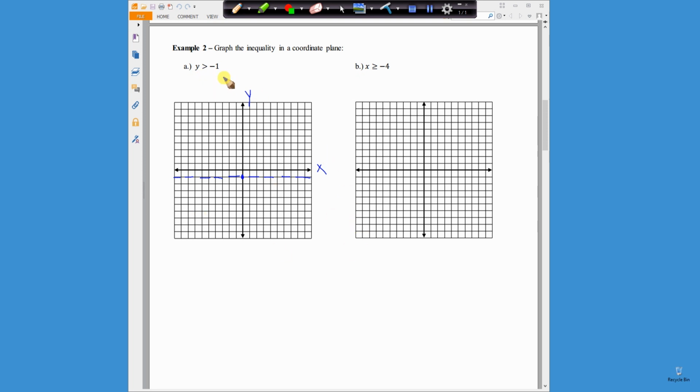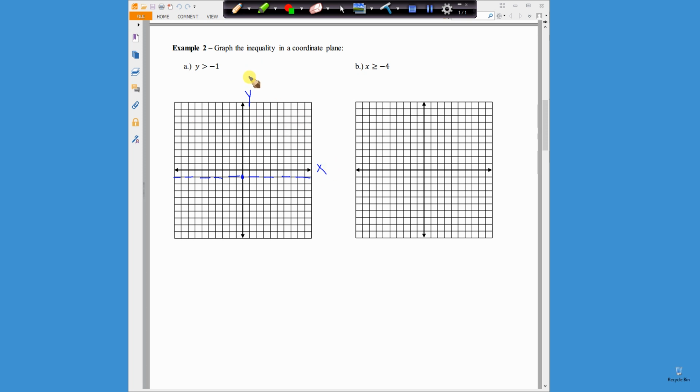If you're confused by that, that's why we did the previous example. You can test a point. If I want to know whether to shade on this side of the line or on this side, that's why you need to be able to find an ordered pair solution to an inequality. For me, I understand that y greater than -1 means I'm shading above -1.